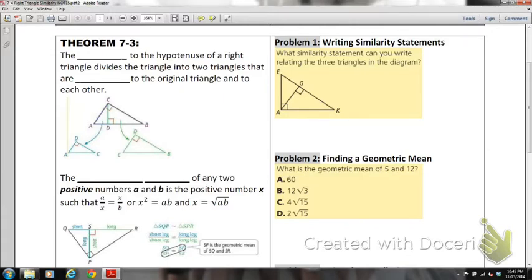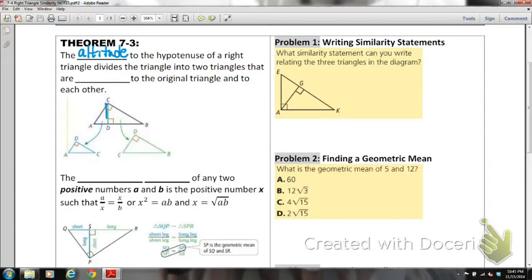So in this particular instance, we're looking at the altitude that's going from the vertex where the right angle is of the right triangle, perpendicular to the opposite side, and the opposite side of the right angle of a right triangle is always the hypotenuse.